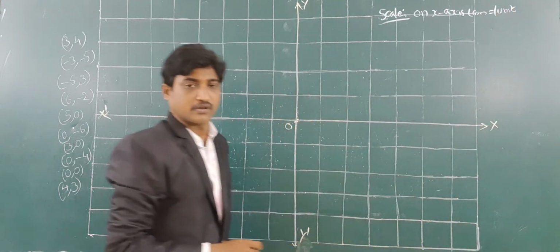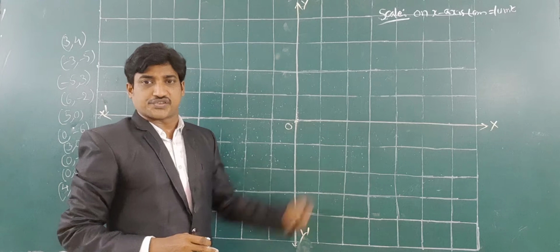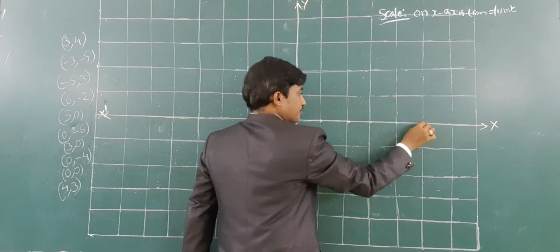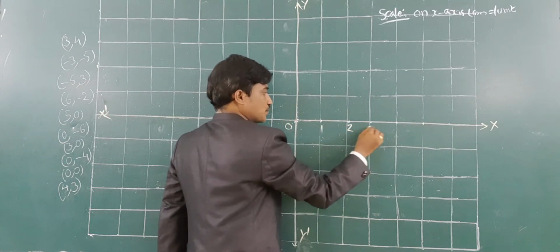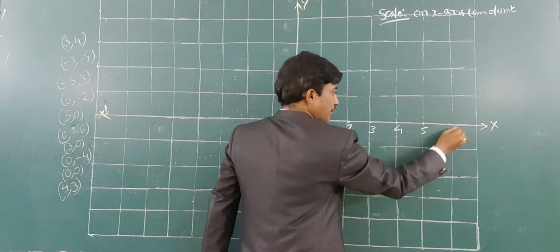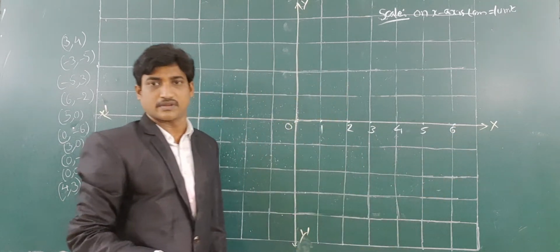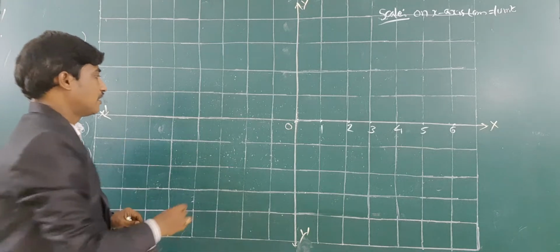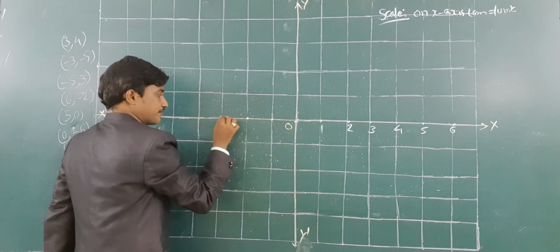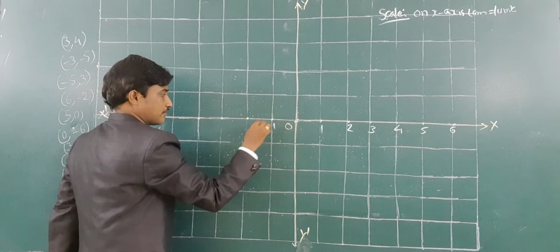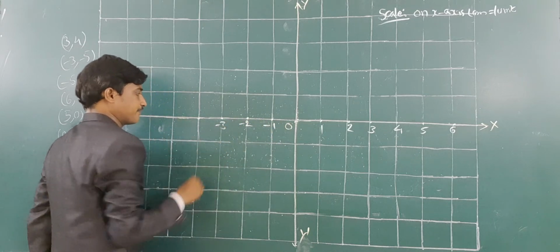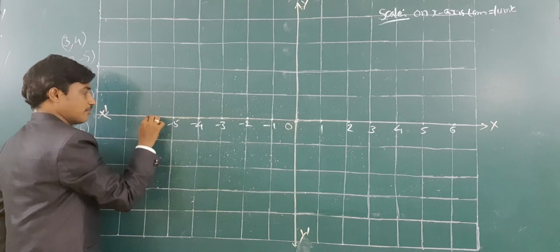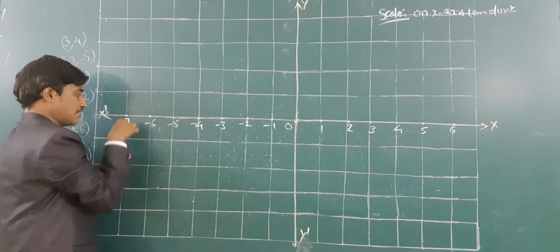So that along OX mark positive numbers 1, 2, 3, 4, 5, 6 and so on. Along negative x-axis OX dash mark negative numbers -1, -2, -3, -4, -5, -6, -7 and so on.